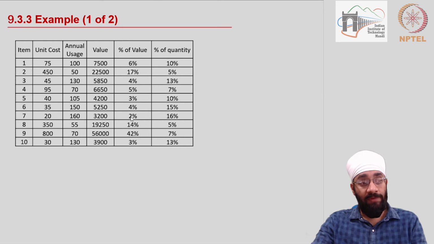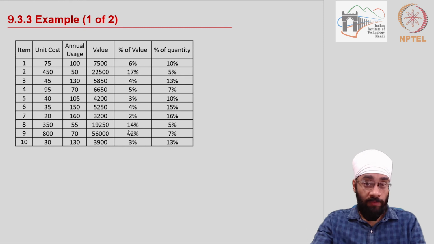So whichever item contributes the most, for example, item number 10 contributes 42% of the value. In other words, it has blocked 42% of the total money blocked in the stock.